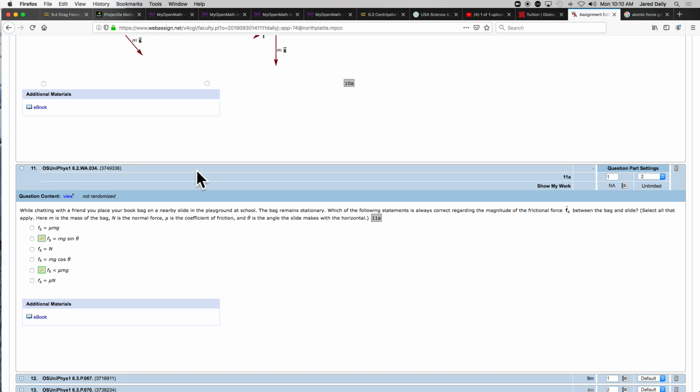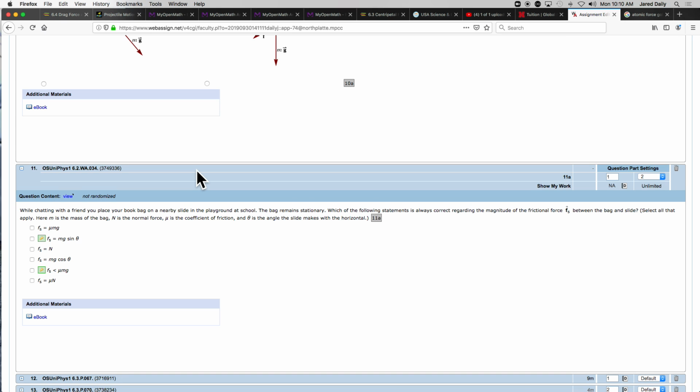So if you put in mg times cosine theta in there, right? Then you could say that the static friction would be mu. Yeah, so if you replace mg here with mg cosine theta, then you could say that those things would be equal.